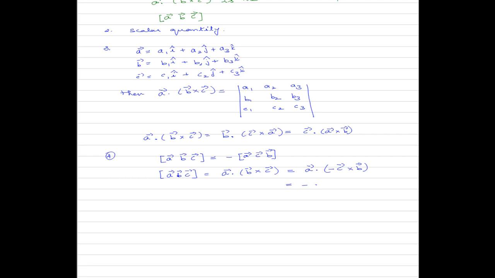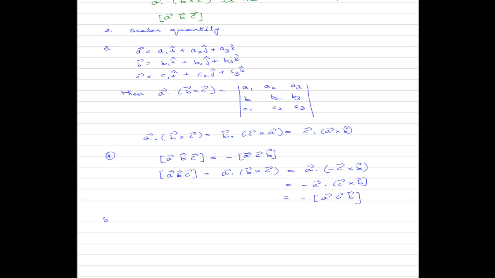This will become minus A vector dot C vector cross B vector, and therefore this is equal to minus of A vector, C vector, B vector. So this is a very important property.